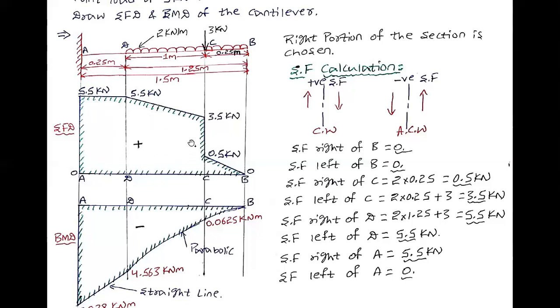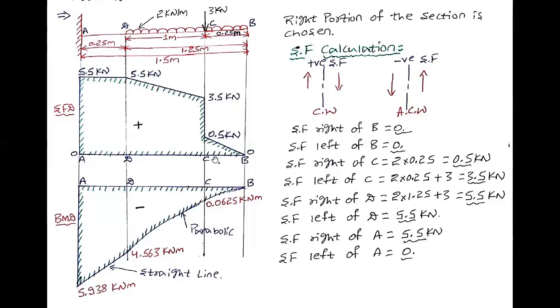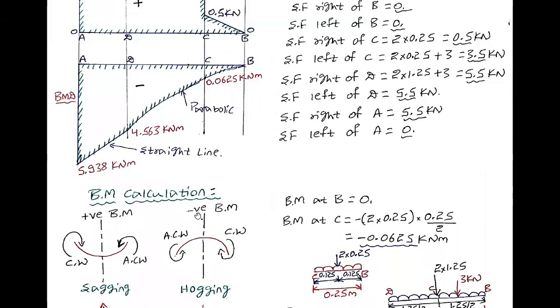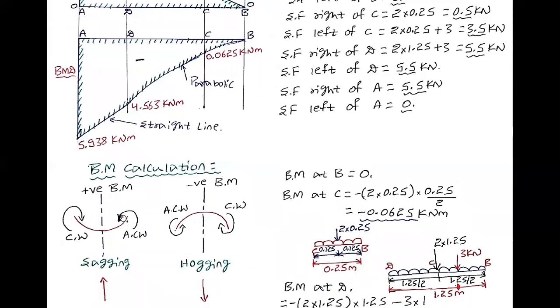Now we'll see the bending moment calculation. In the bending moment calculation, sagging you will take as positive. Hogging you will take as negative. This is like a smiley face and this is a dull face. That is how you can remember.